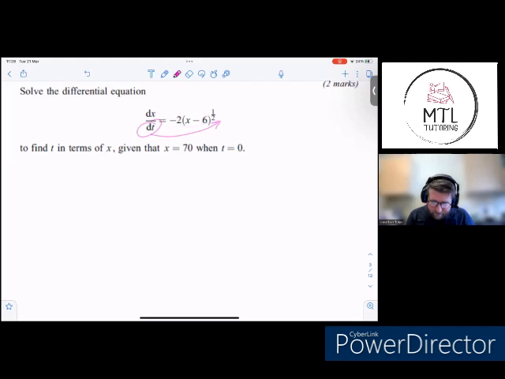Okay, so I'm going to get rid of some of that. Multiply up by dt. We're going to end up with a dt on the right. Then we've got dx on the left, and we're divided by everything. I'm just going to leave the -1 on the right hand side, so that the left hand side is positive.